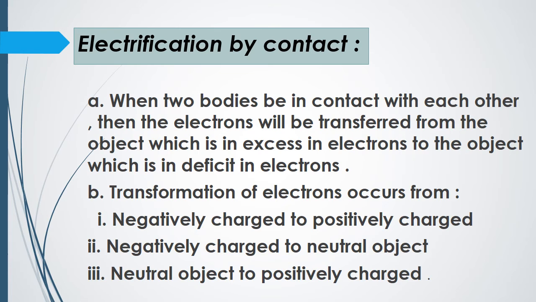Finally, if we have a neutral object and a positively charged object, the neutral has more electrons than the positively charged, since the positively charged has a deficit in the number of electrons. So the electrons will be transferred from the neutral object to the positively charged object.